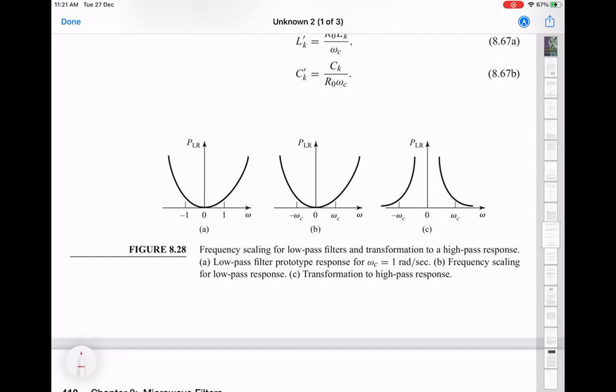Because remember, this is all scaled with respect to omega c. What I'm trying to say is that if you had a 1 gigahertz cutoff filter, and you saw that from 1 to 2 gigahertz, the attenuation increased by a certain factor, if you now scale this to a 10 gigahertz filter, that same attenuation factor will not happen from 10 to 11. Okay, it will happen from between 10 to 20 because it's the difference between the ratios of the frequency.